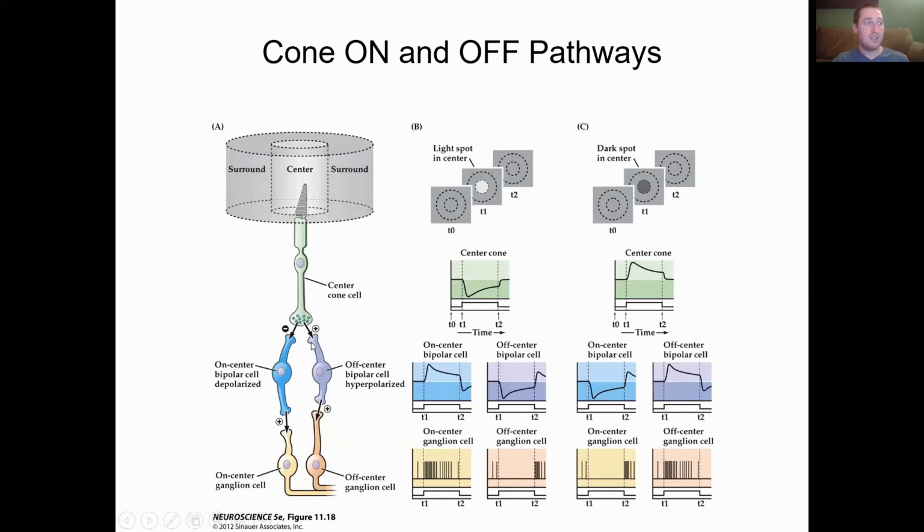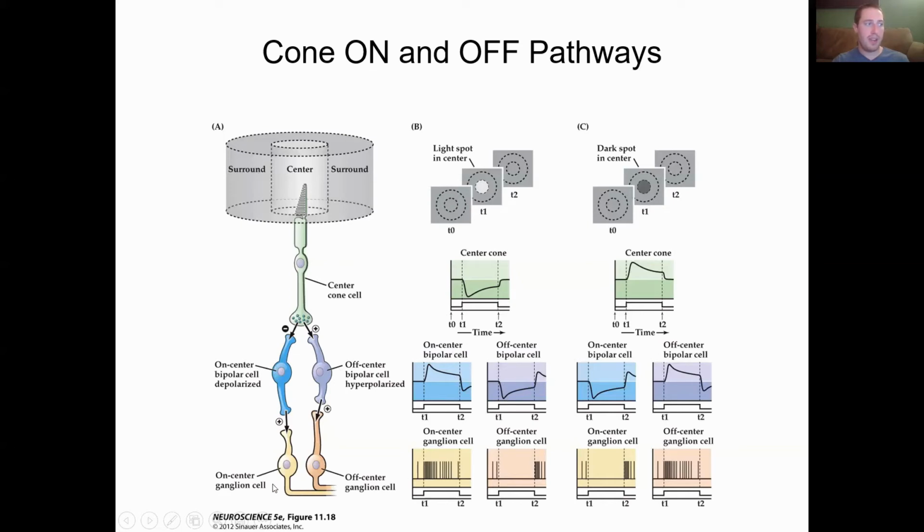It will then release glutamate onto both on and off bipolar cells. The on bipolar cell will invert that sign, and now instead of hyperpolarizing, it will depolarize. The off bipolar cell will keep the same sign, and it will hyperpolarize also.